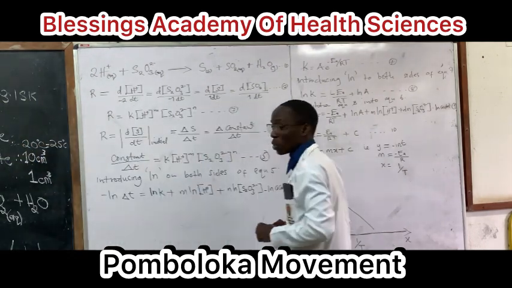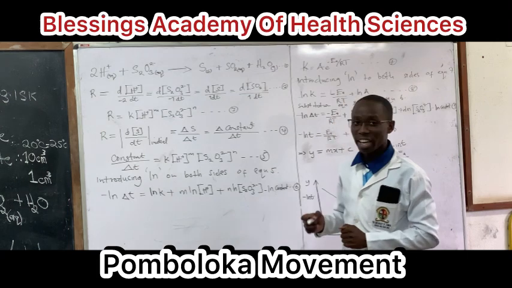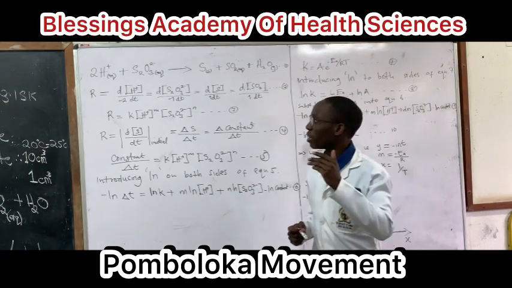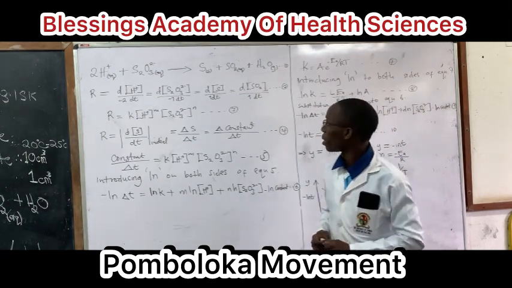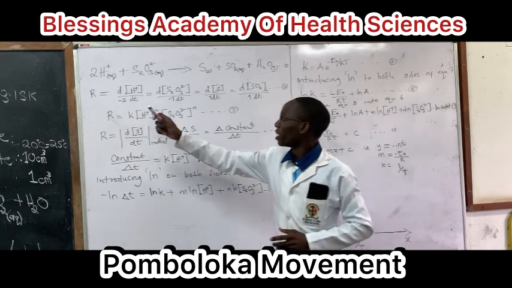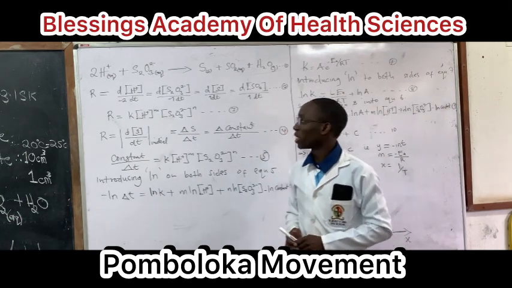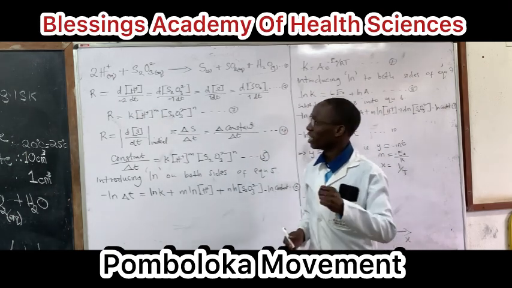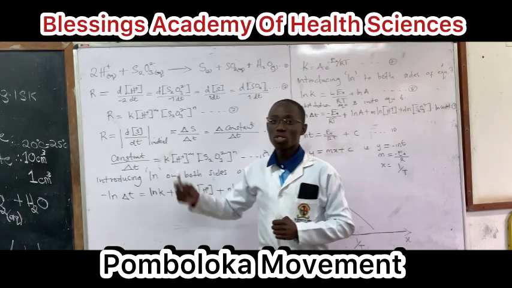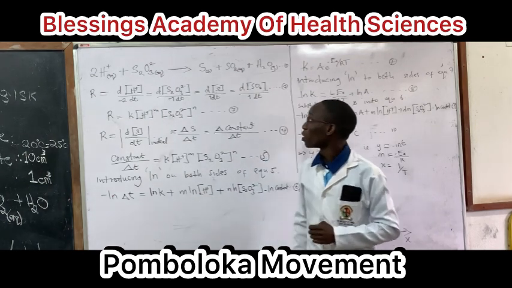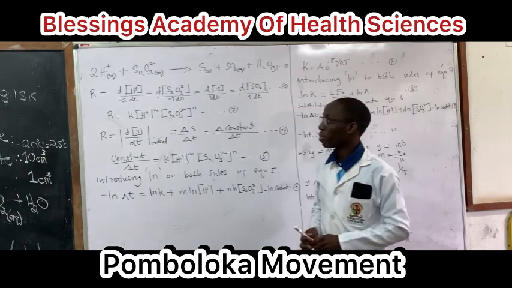So sulfur is what is enabling us to know the end of the reaction or the production of the products. So if we want to determine the rate of a chemical reaction, we can either observe the disappearance of the reactants or we can observe the appearance of the products.